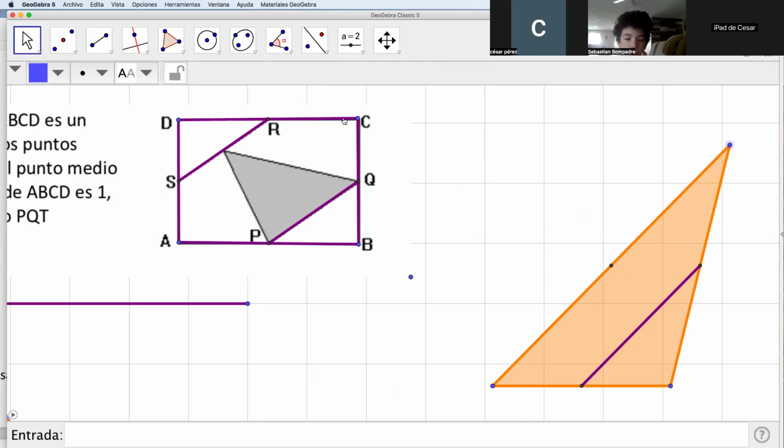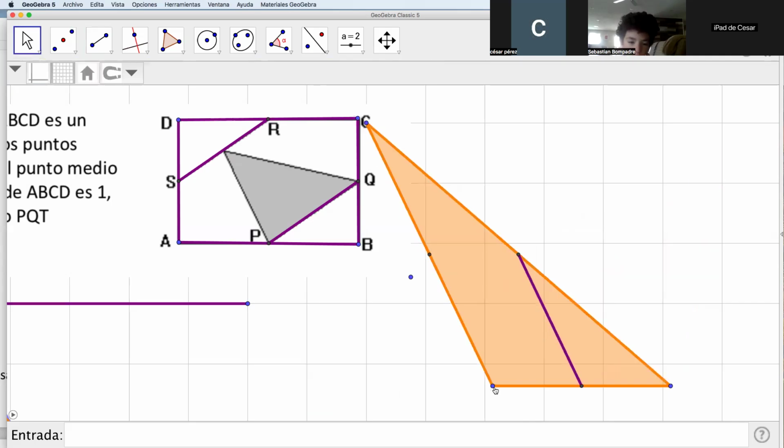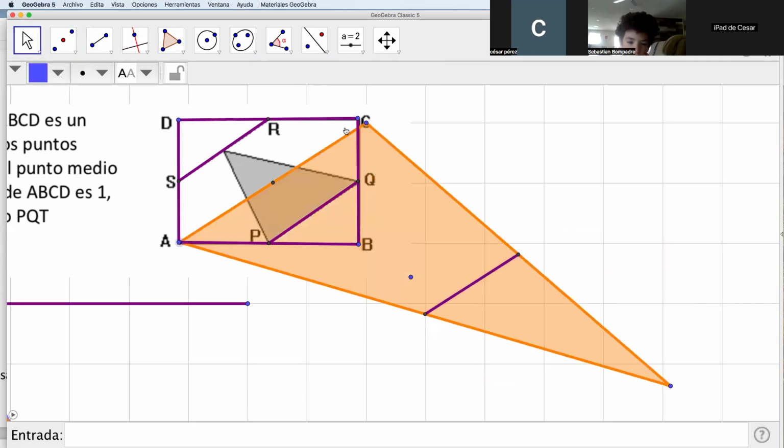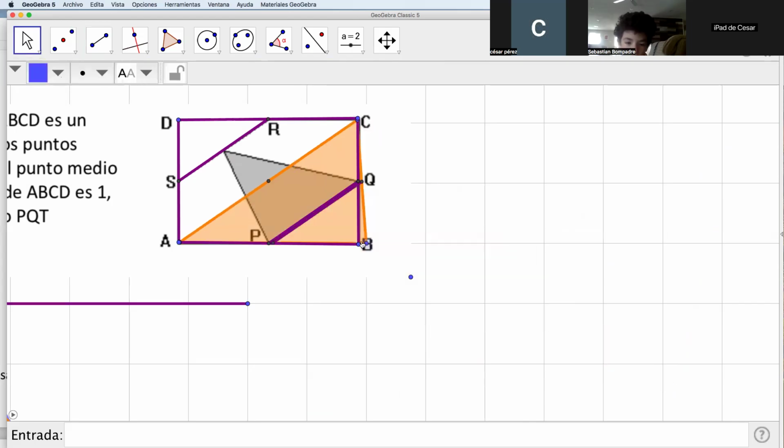Those two lines are parallel lines. Okay. We can draw this diagonal, this line, and because those are the midpoints, this will be parallel to this one. And if we take the other side, okay, I made something wrong. Okay.